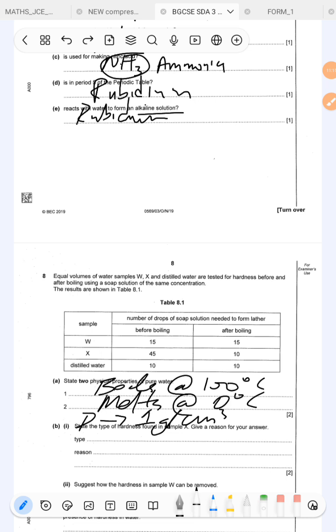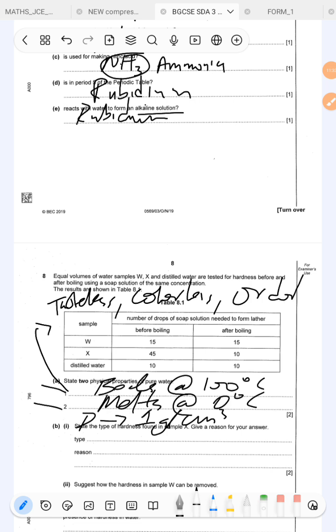You can't say the first answer is tasteless, the second answer is odorless, etc. If you're going to mention the taste, the color, the other part, you should mention it as 1 point: tasteless, colorless, odorless. So it's just 1 point. All right, let's continue.